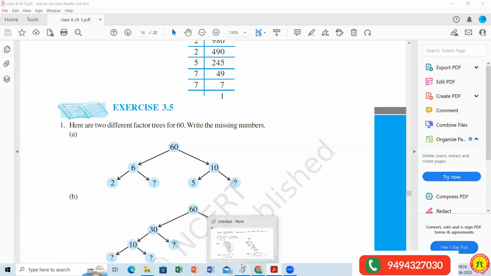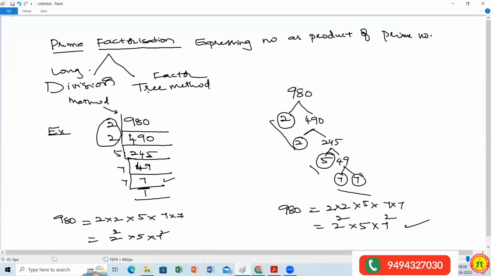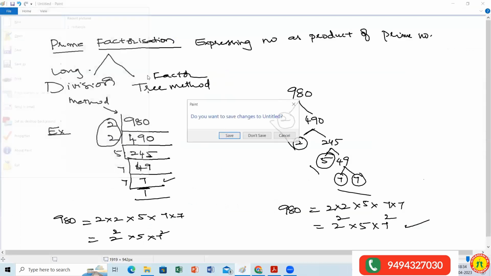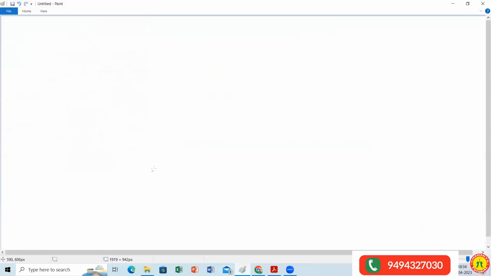See here, they are expressing 60; you can use any method, children. 60 is 6 multiplied with 10. Both 6 and 10 are composite numbers, so you should not circle them. You have to make further branches.